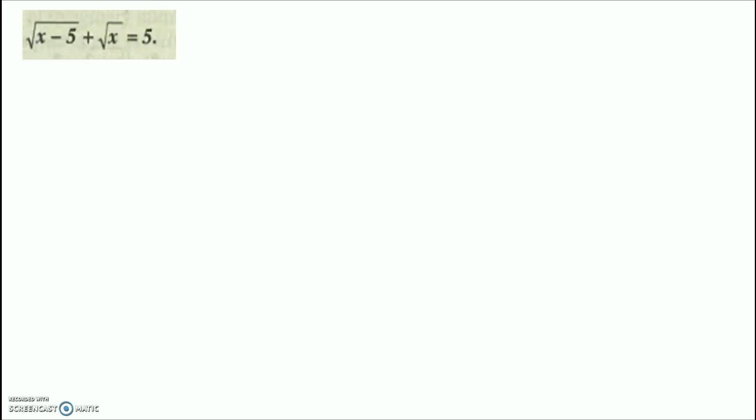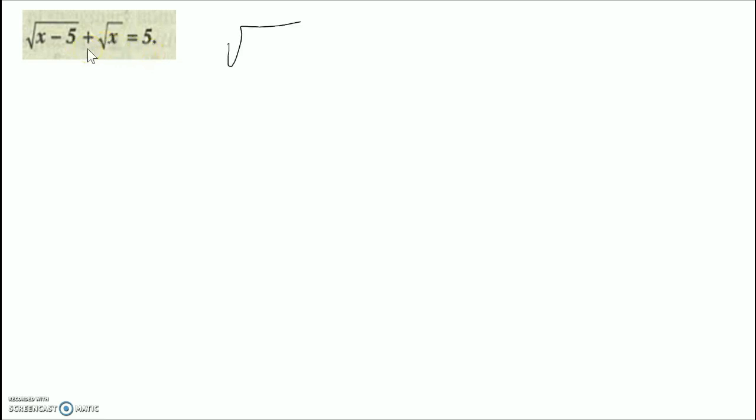Let's look at our first example. We have the square root of x minus 5, plus the square root of x, equals 5. Our first step is to get our most complex radical onto one side of that equation. The easiest way to do this is to subtract the square root of x from both sides.